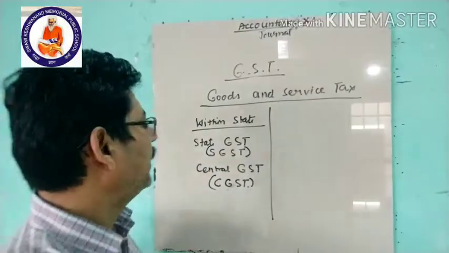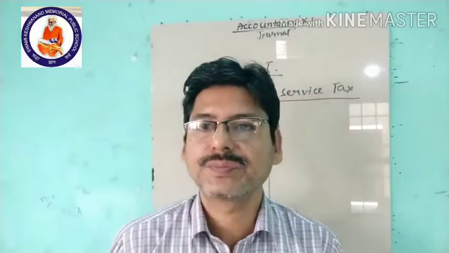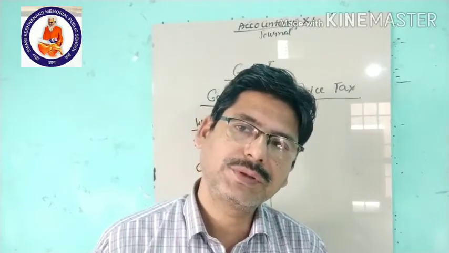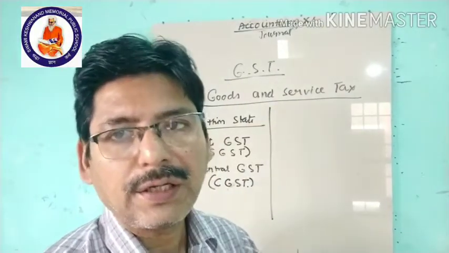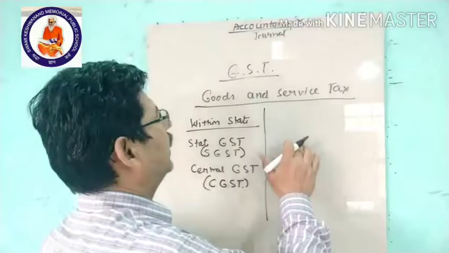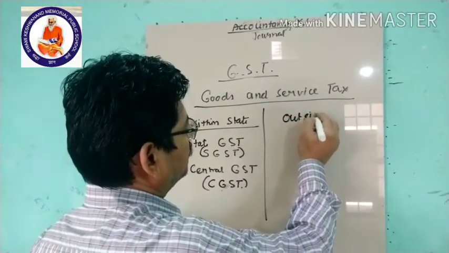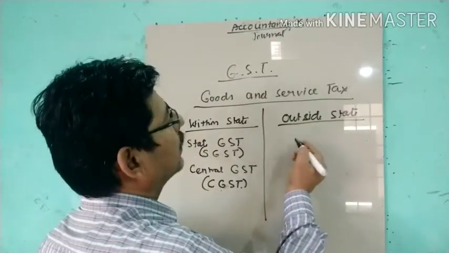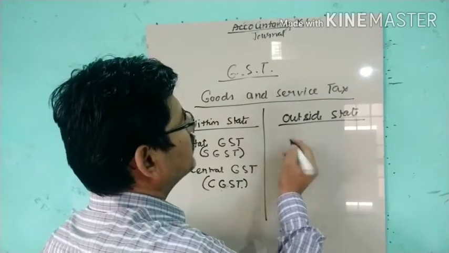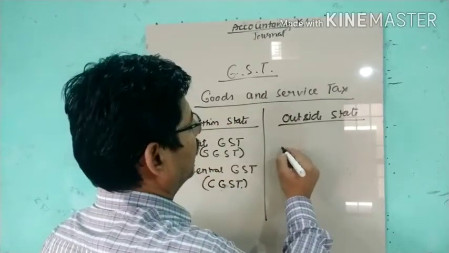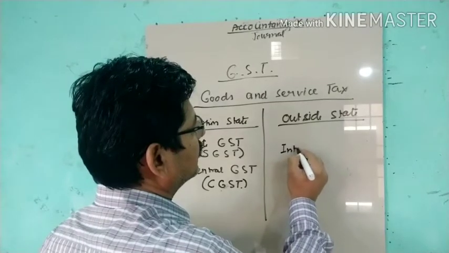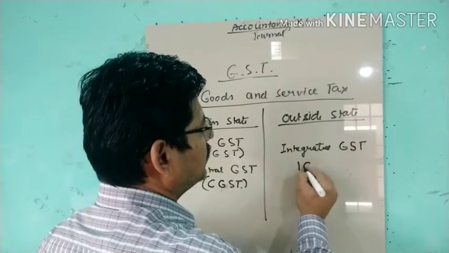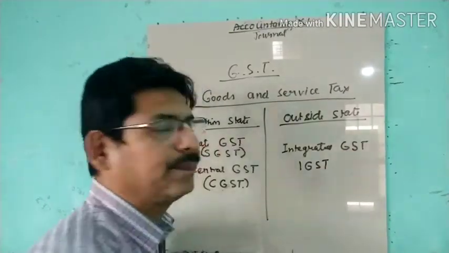And when goods are sold or bought from some other state, when 2 states are involved, then the GST that is charged is Integrated GST, that is IGST.